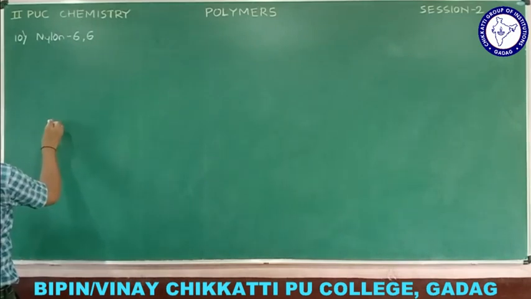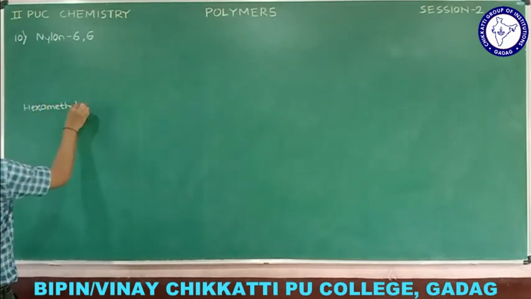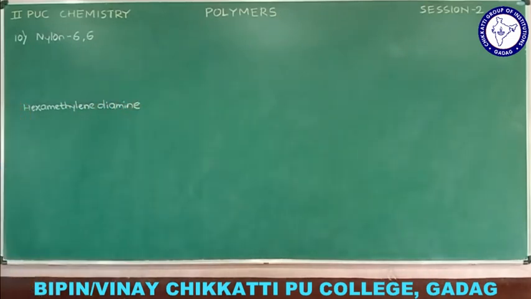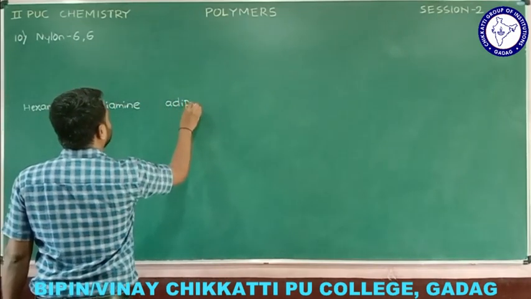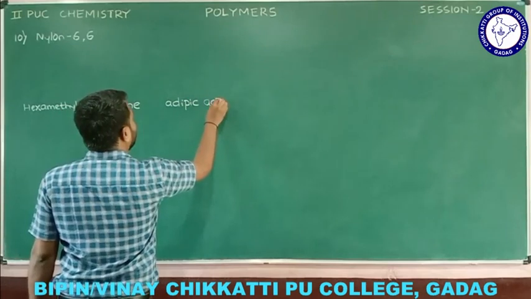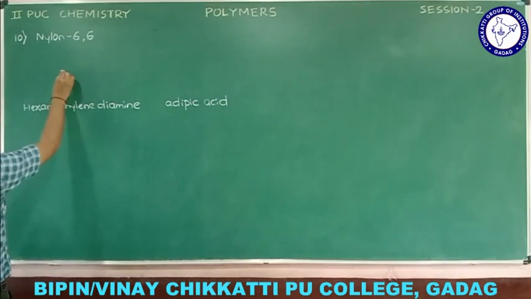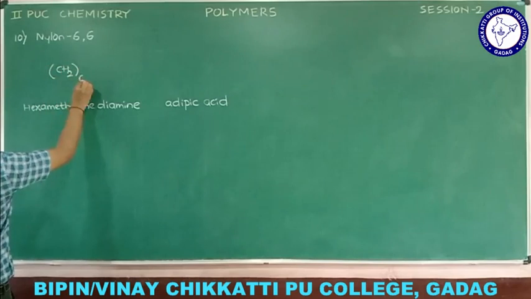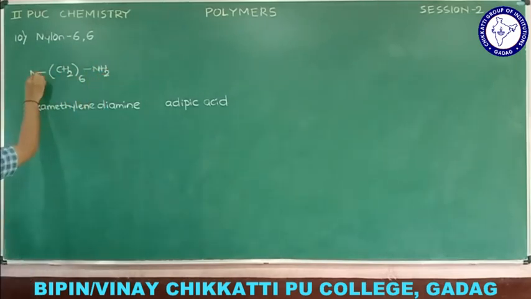The monomers are, let me write here first, hexamethylene diamine and one more, adipic acid. Hexamethylene diamine: hexa means CH2 six times, methylene CH2, and diamine, therefore NH2 at each end.